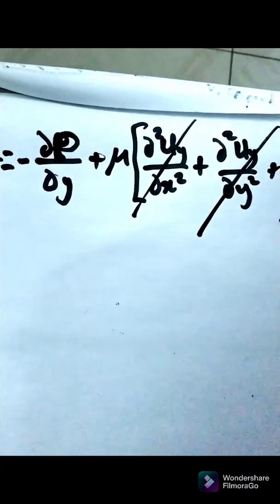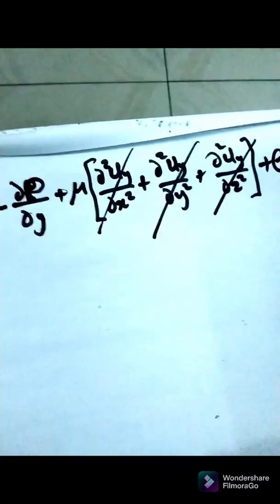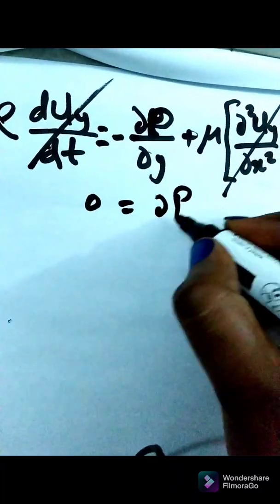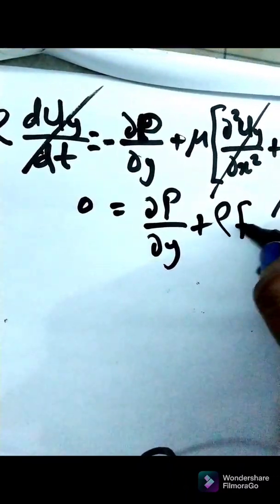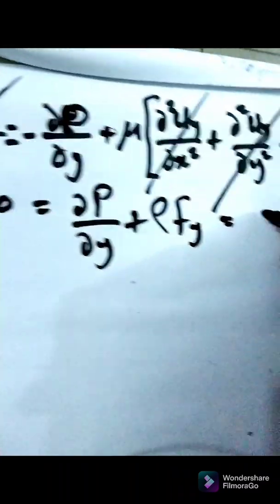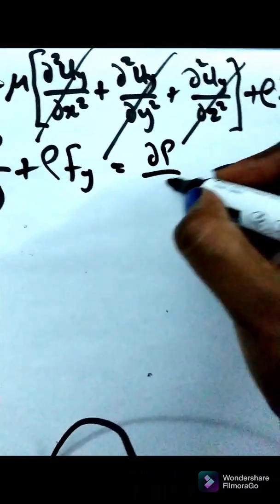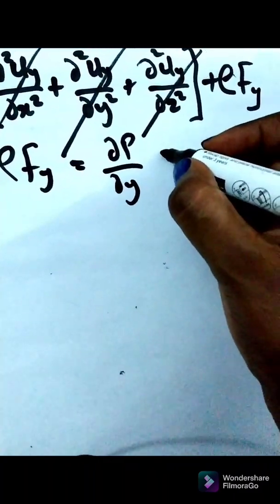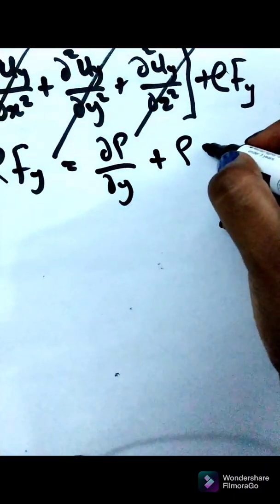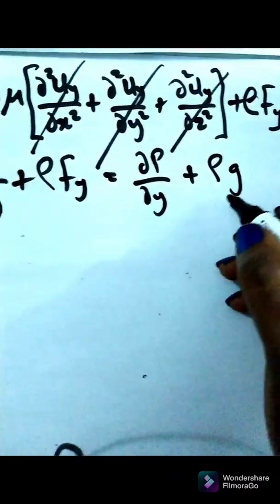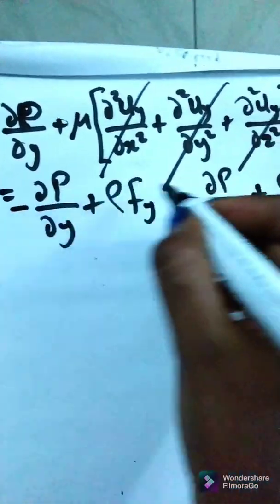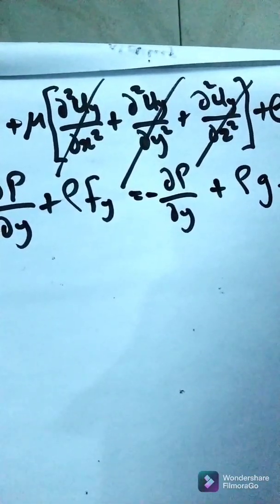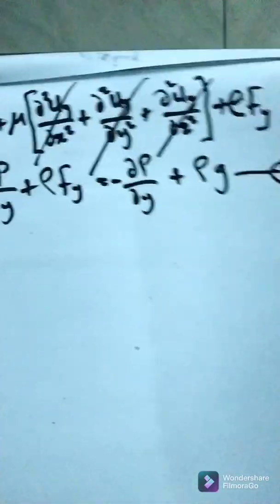All of this will turn to 0, giving us 0 equals minus partial p over partial y plus rho f of y, which will be our gravity. Remember there is a minus here. So this gives us our second equation derived from Navier-Stokes.